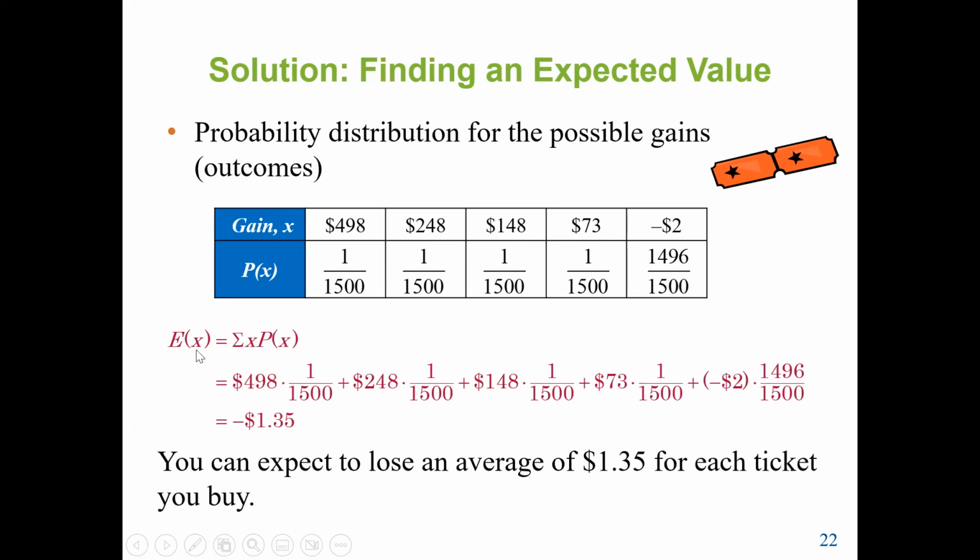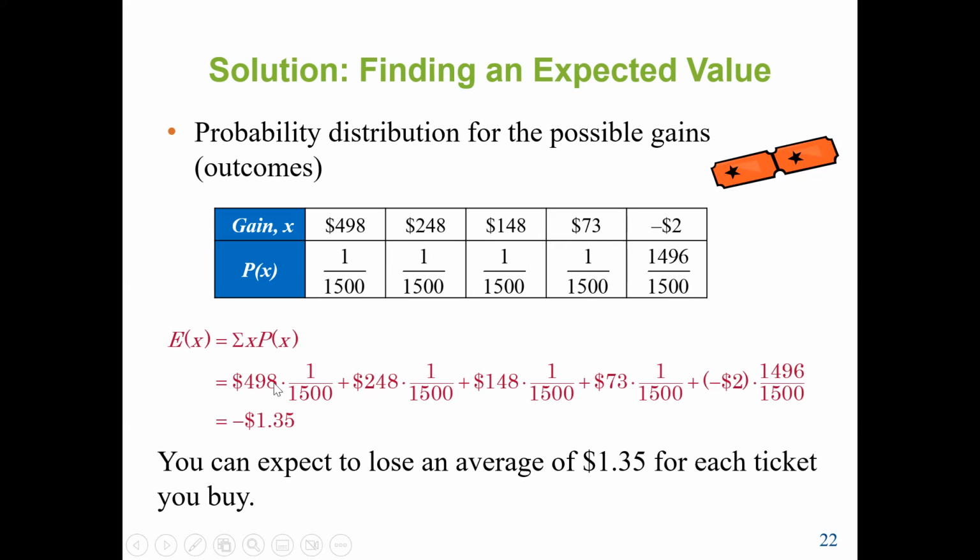So here we say the expected value. Again, we have 498 times 1 divided by 1,500, plus 248 times 1 divided by 1,500, plus 148 times 1 divided by 1,500, plus 73 times 1 over 1,500, plus negative 2 times 1,496 over 1,500.